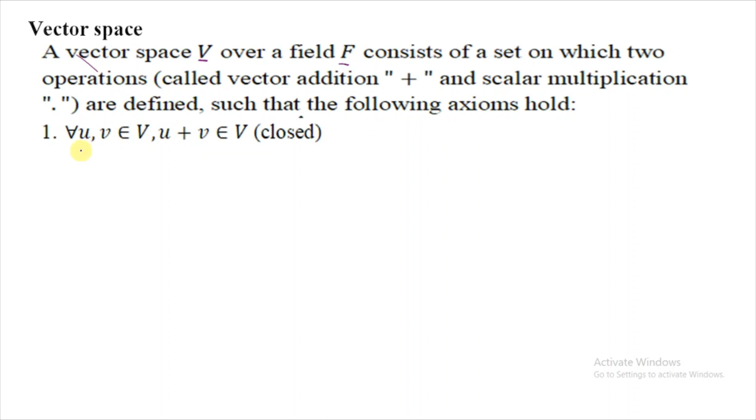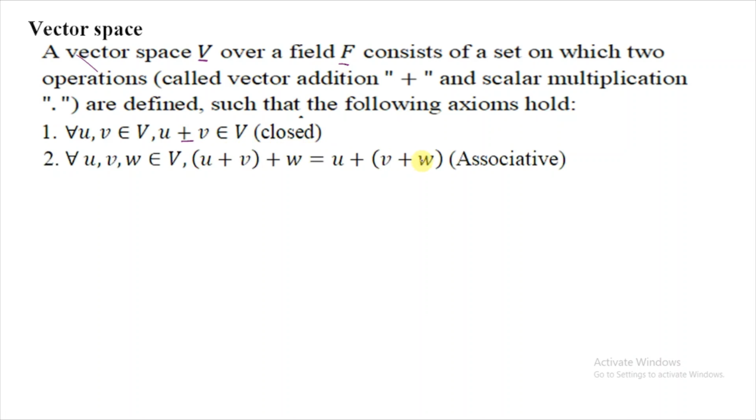First one, it's a closed property. That means it's a binary operation. Whatever two vectors u, v belong to V, u plus v belongs to V. That is the first property. Vector addition is closed, that means this plus is a binary operation.